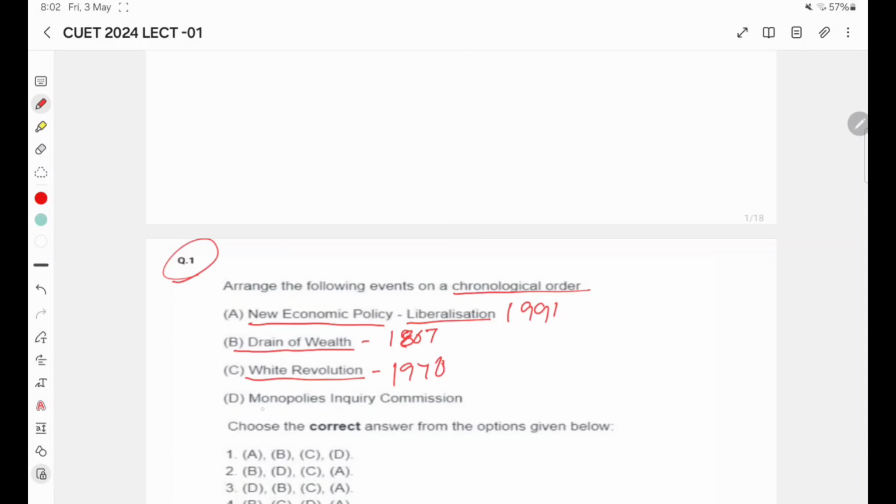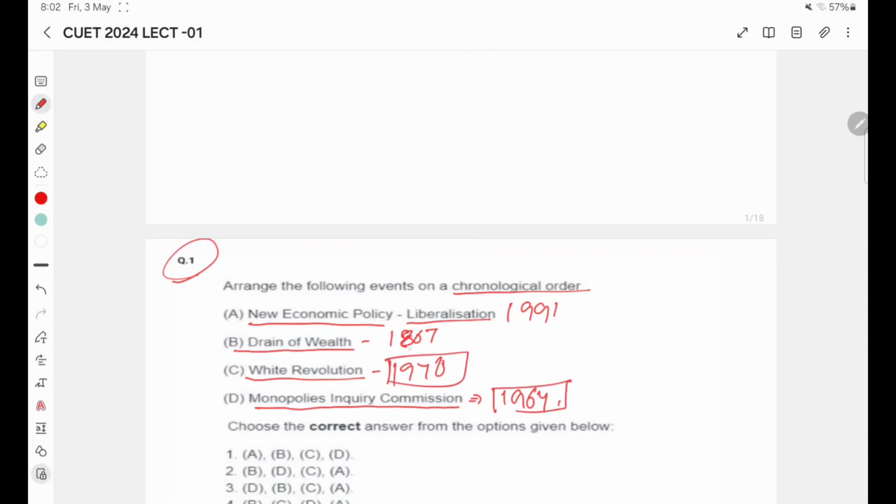And point number D, that is the Monopolies Inquiry Commission, under the recommendation of P.C. Mahalanobis. A committee was set up, that is your Dasgupta committee. This Monopolies Inquiry Commission was established in the year 1964, and the report was published in the year 1965.